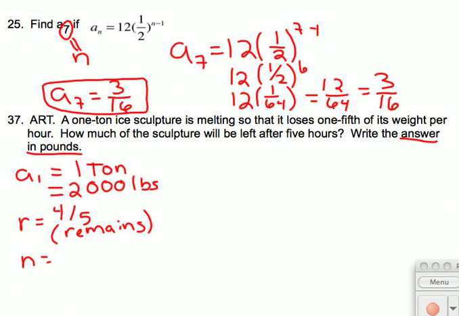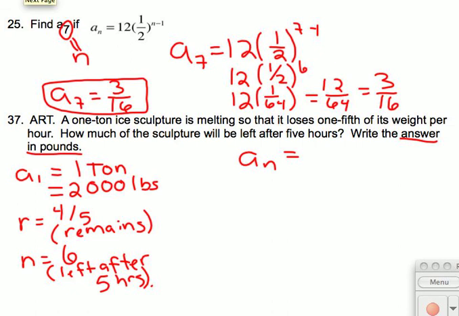My n is not the 5 hours because they're asking what's left after 5 hours. So n is actually 6, because I need what's left after 5 hours. So it's the start of term 6. Now I take my formula again: a sub n is equal to a sub 1 times r to the n minus 1. I'm looking for term 6.